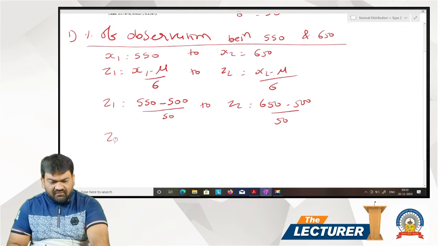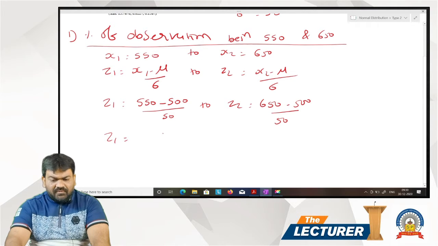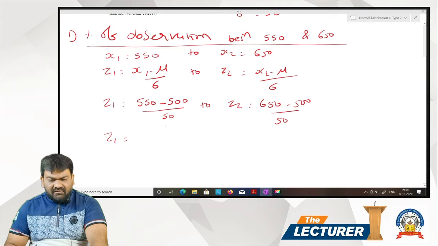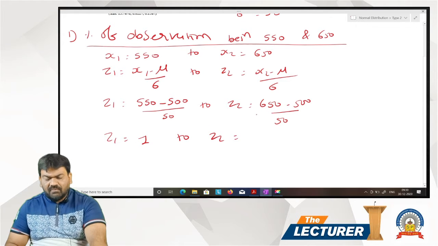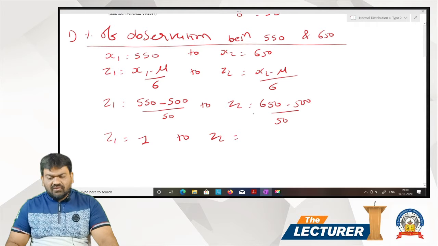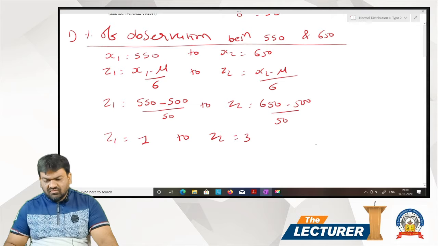Z1 is equal to 550 minus 500, that is 50, divided by 50, that is 1. Z2 is equal to 650 minus 500, that is 150, divided by 50, that is 3. So between 1 to 3.